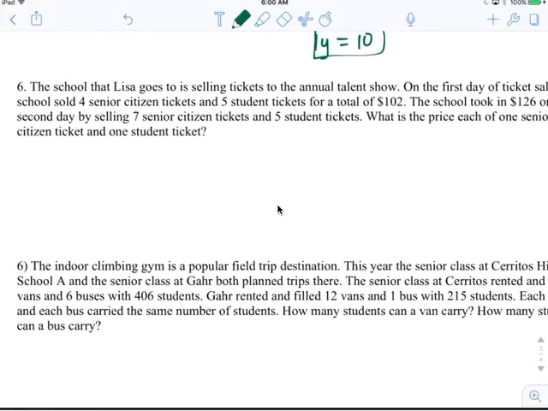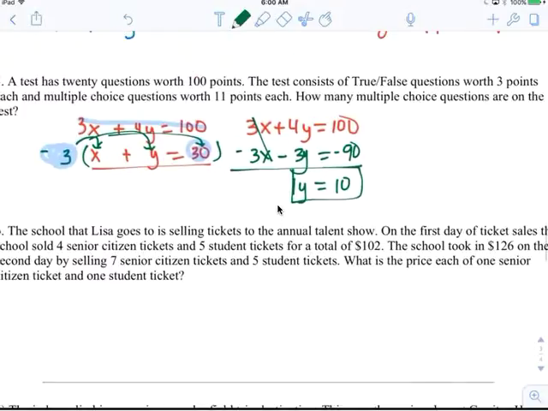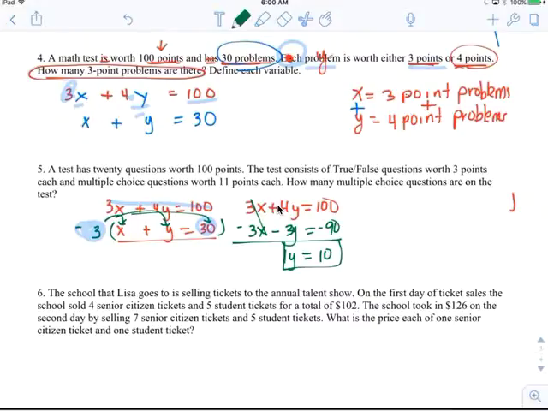The school that Lisa's going to is selling tickets to the annual talent show. What is this? Why is the 4-point problem? So there's 10 4-point problems. When you get 10 problems that are 4-point.